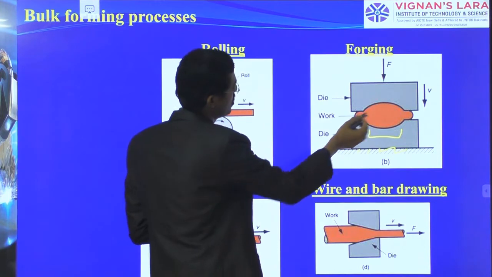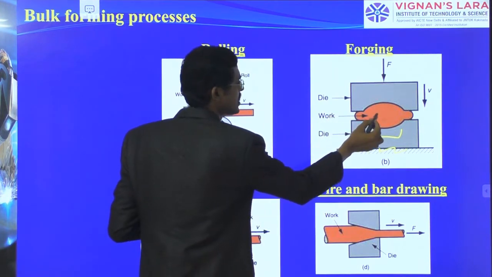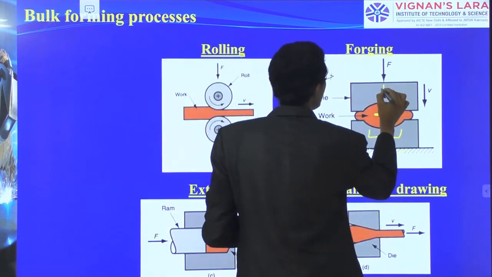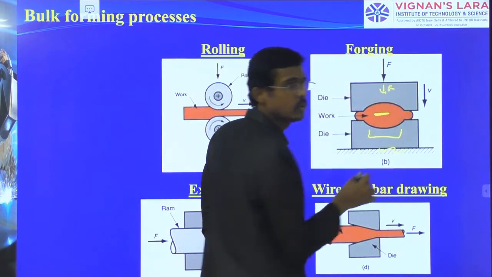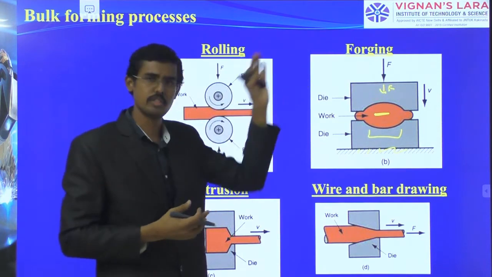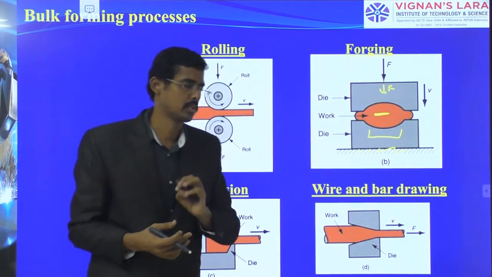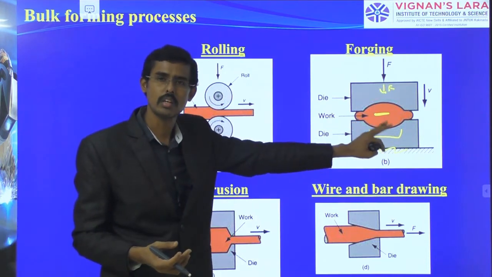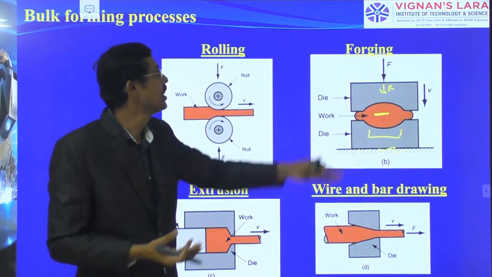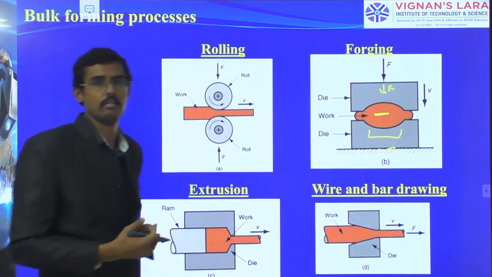I keep the workpiece at the center, and I give the force with respect to the other die, and I am pressing. This is generally forging. Keeping the workpiece at a hot working or cold working condition between the dies and pressing is the forging action.